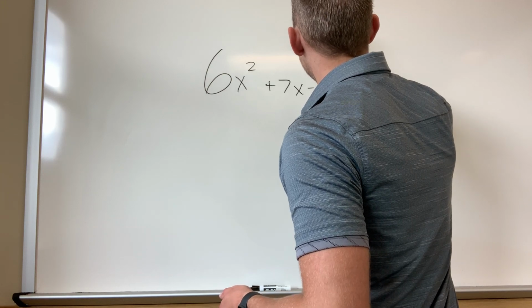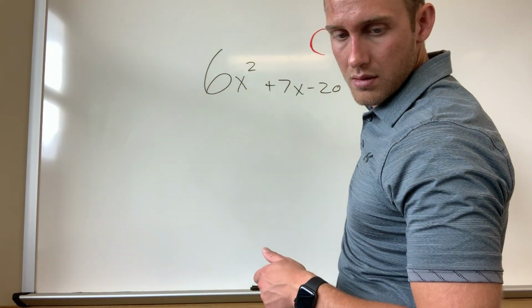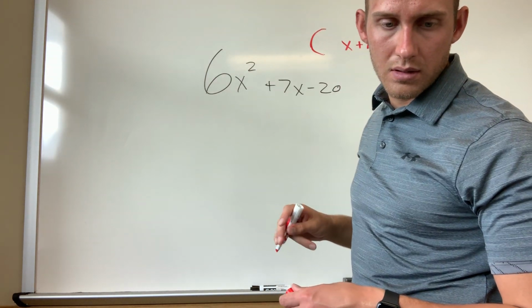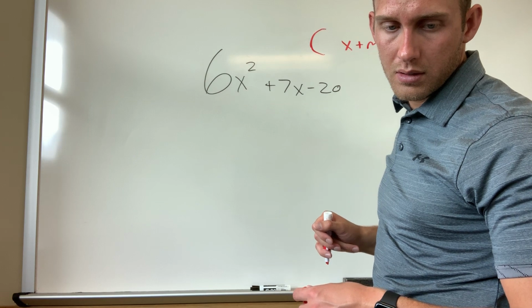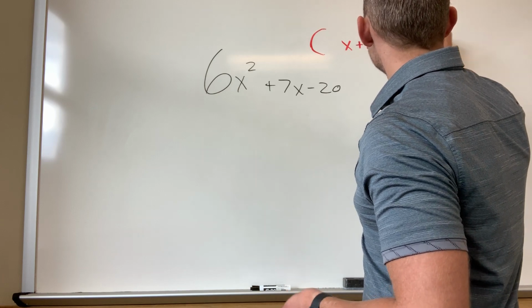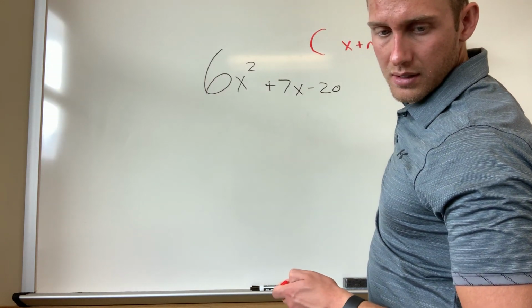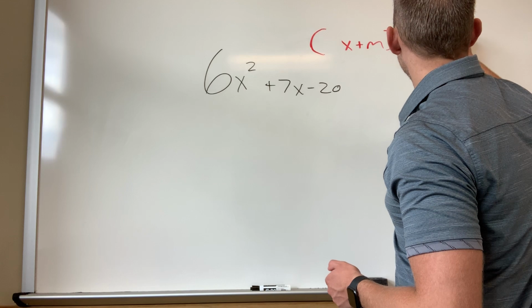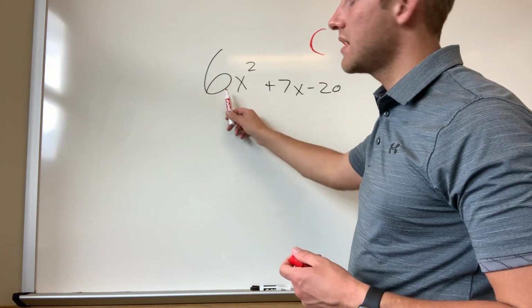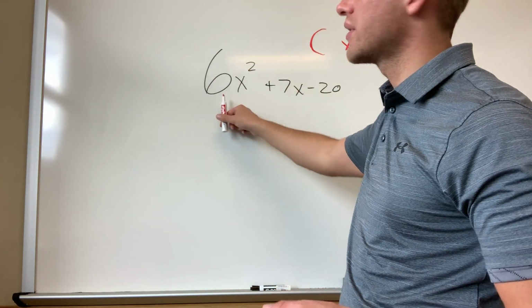So, parenthesis x plus m times x plus n. And this is really finding a coefficient greater than 1 but less than 10.